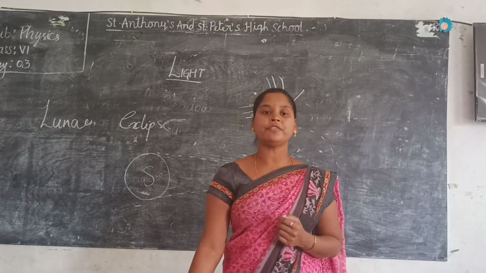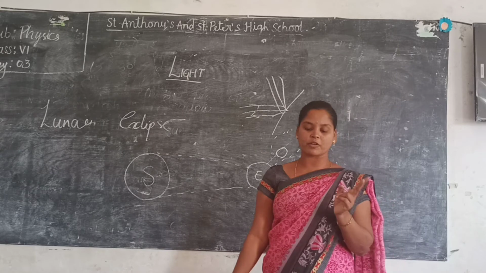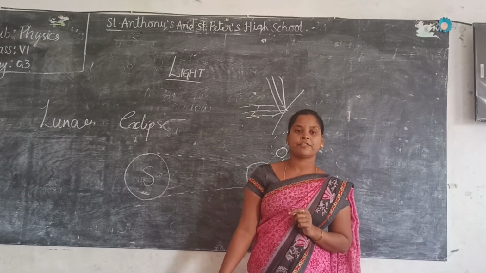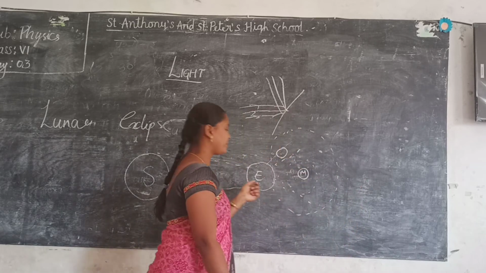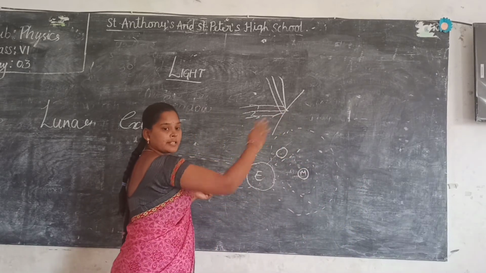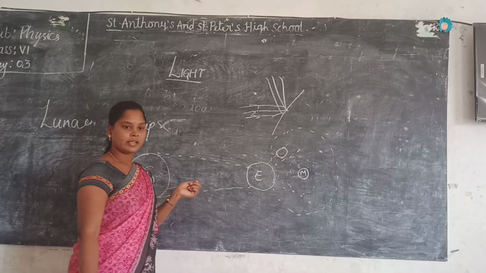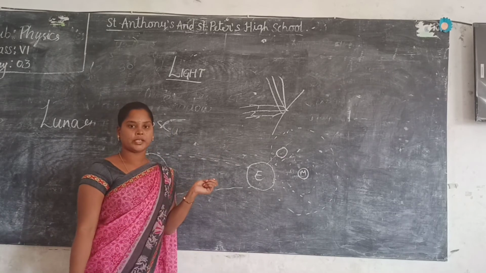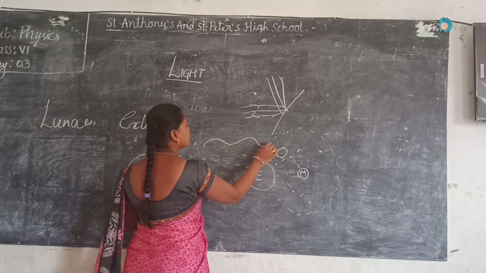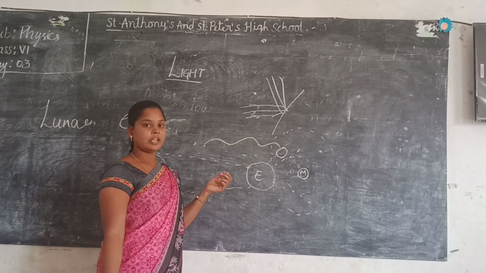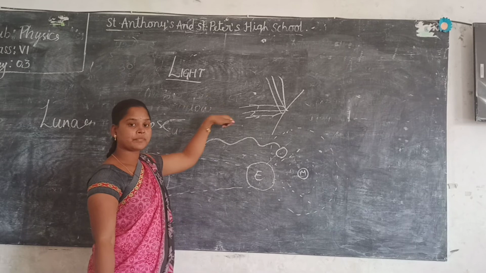We have two types of reflection. One is regular reflection and one more is irregular reflection. Regular reflection is, for example, if you put a torch here on the board, the same amount of light is passed in all directions. The shadow will also be uniform. But when you take ups and downs like this on a slope, and you put a light here, what happens?